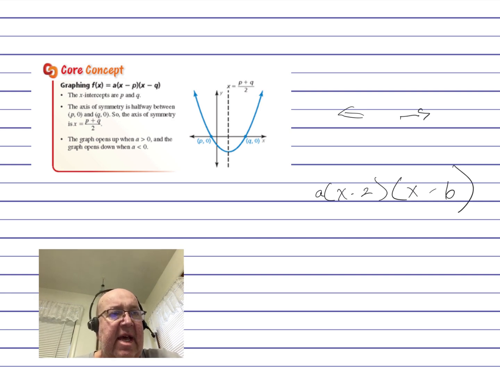That means that the intercepts are going to be 2 and 6 on the x-axis. Then you can use the letter a to find whether it opens up or down, and you can find the midpoint to find your x value, that's the axis of symmetry.